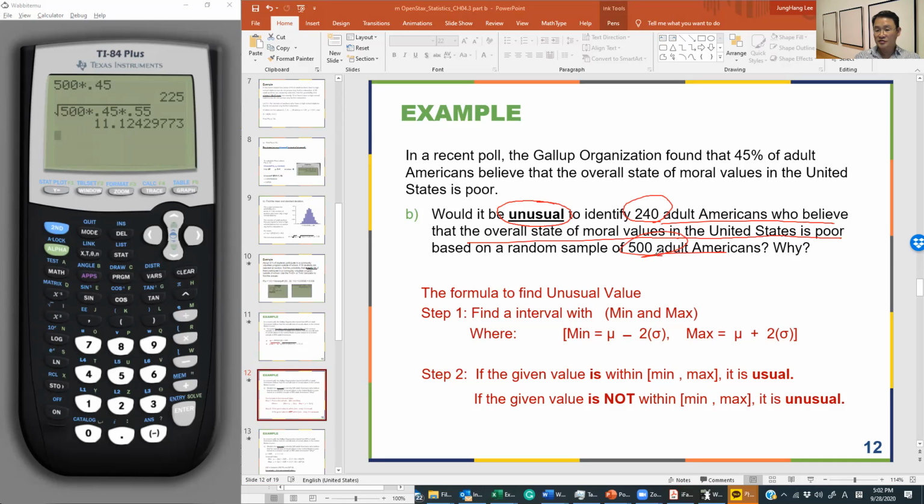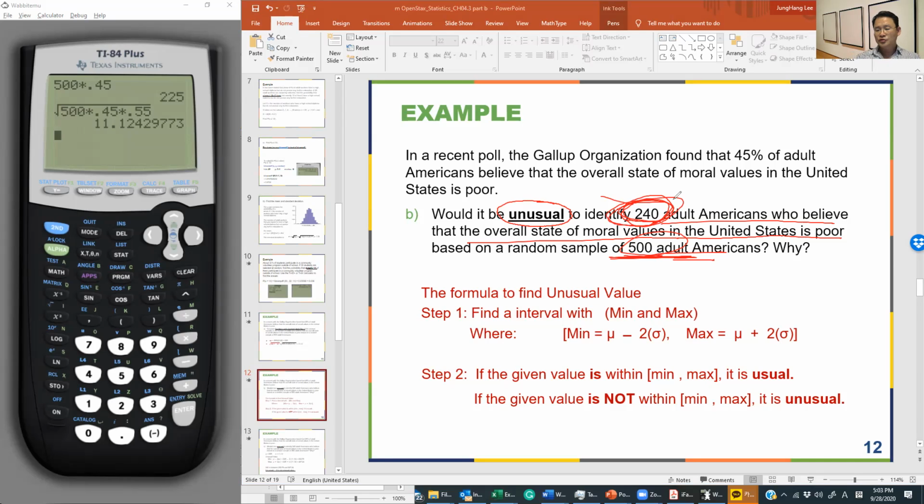Would it be unusual that out of 500 adults, about half, about 240 of them will say something is wrong with the morale of this country? That's the question. Would it be unusual?